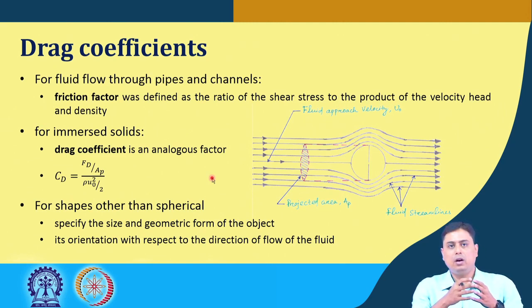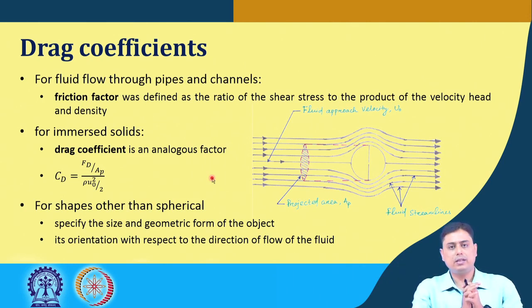So the researchers have come up with a concept analogous to the friction factor, called the drag coefficient for the immersed solid. So the conditions where there is a solid immersed in a pool of stagnant liquid, or let's say there is a stagnant solid and fluid is passing or moving over that solid particle.